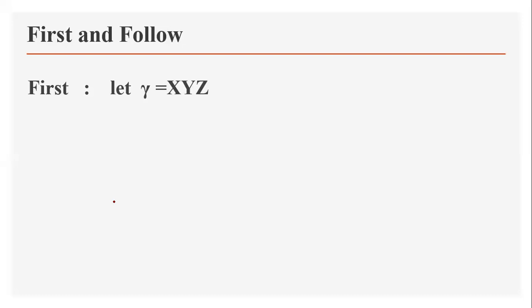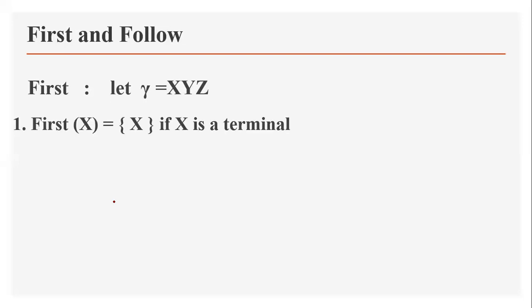First and follow. First, we will discuss how to find first in the given grammar. Let us consider some gamma equal to XYZ. Now the first step, first of X. See, first means which will come in front. Please remember, if the grammar is of the form LHS derives RHS, whatever the example I am telling, I will follow this particular rule.